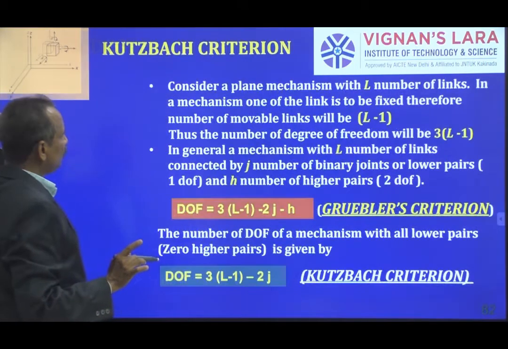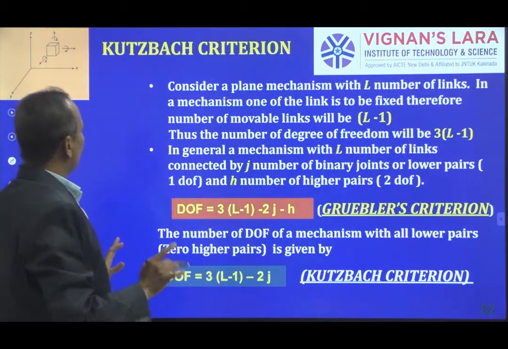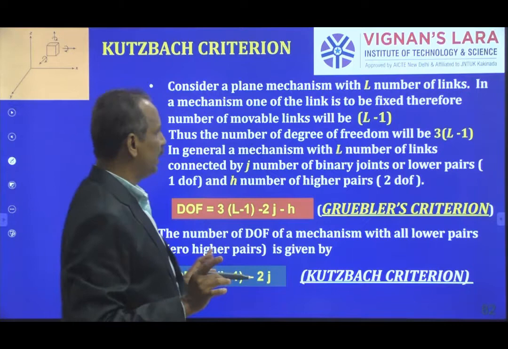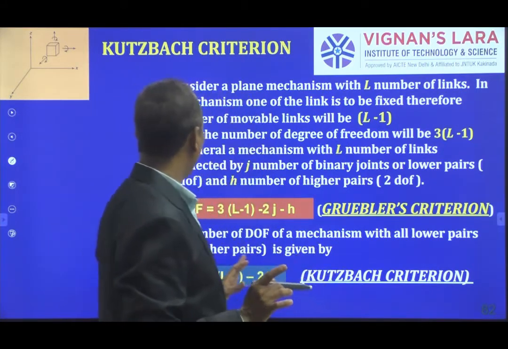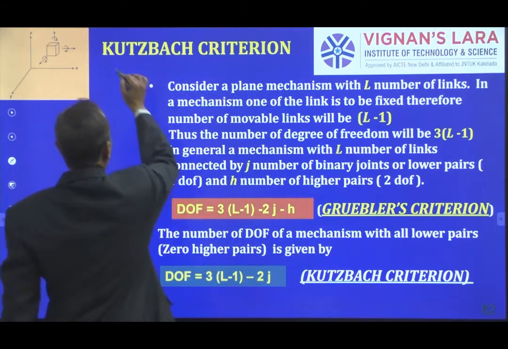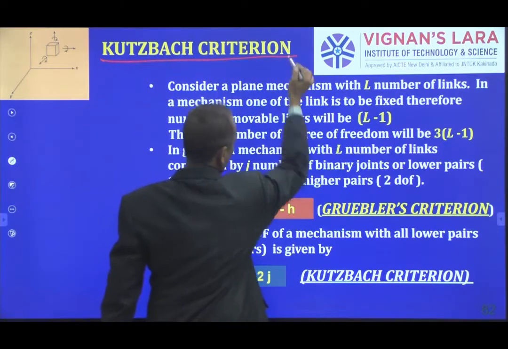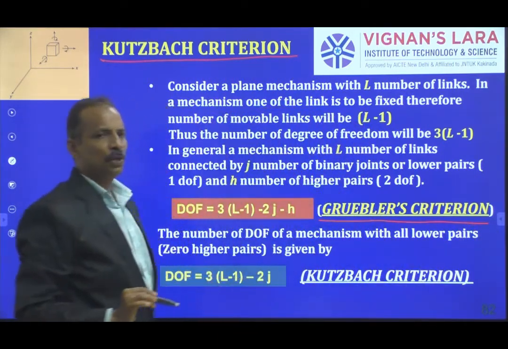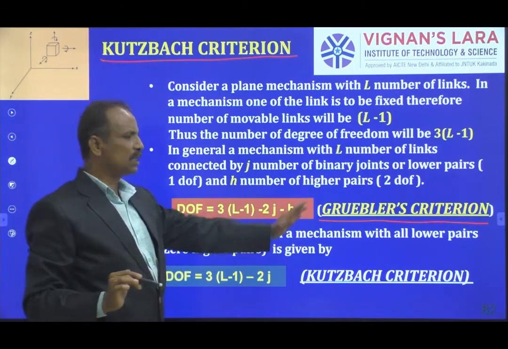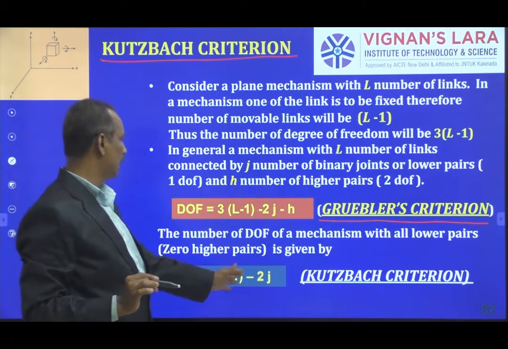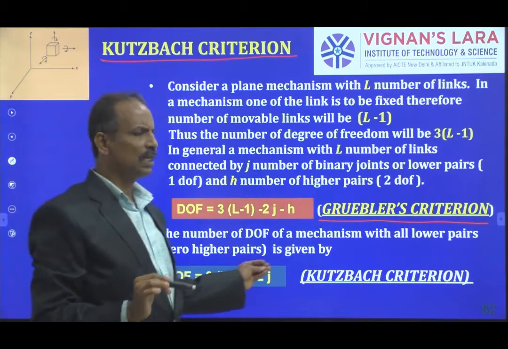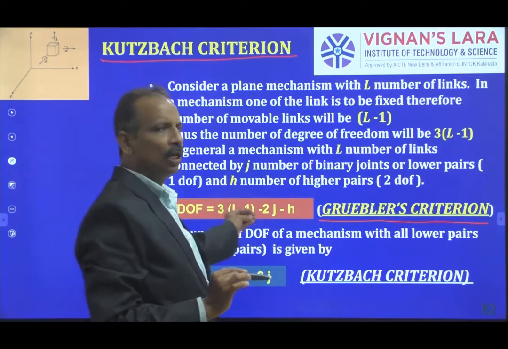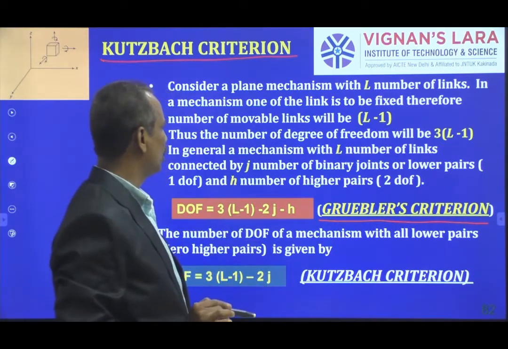Here there are 2 criteria, Grubler's criterion and Kutzbach's criterion. Both these criteria result in the same thing. Some people call it Grubler's criterion, and some call it Kutzbach's criterion, with just a simple modification of removing the higher pairs in the equation.